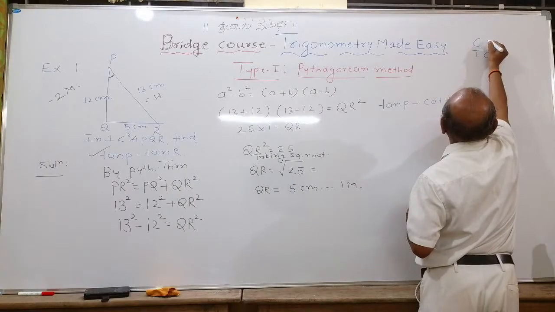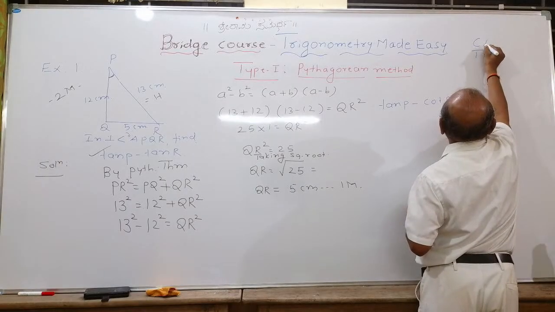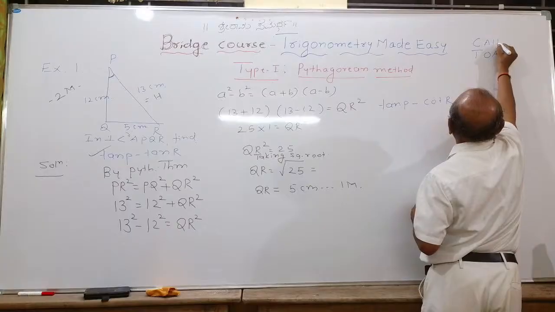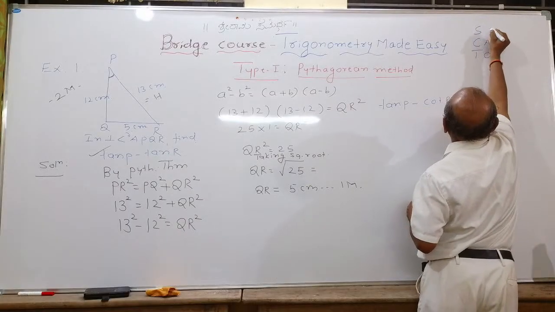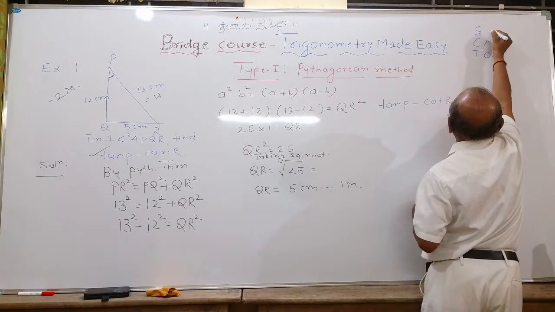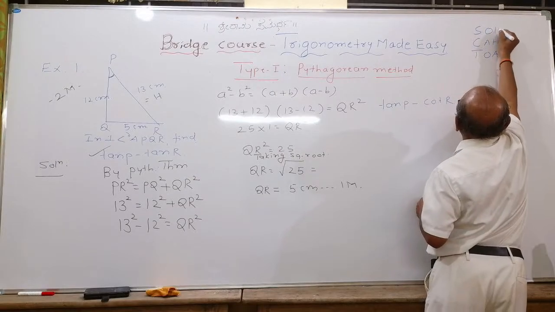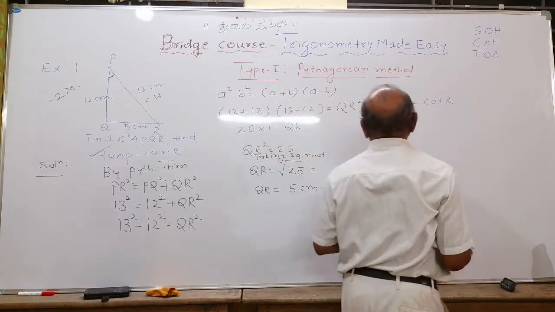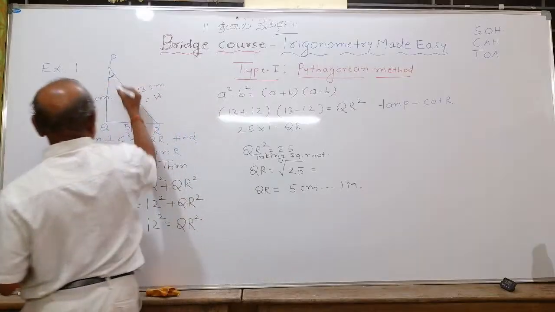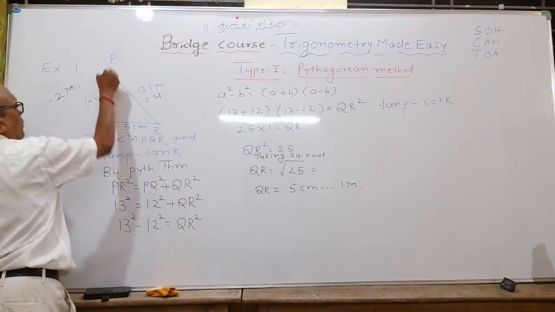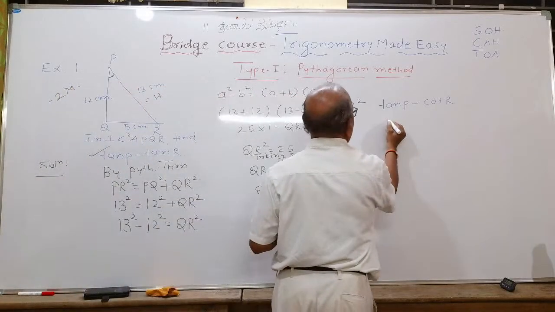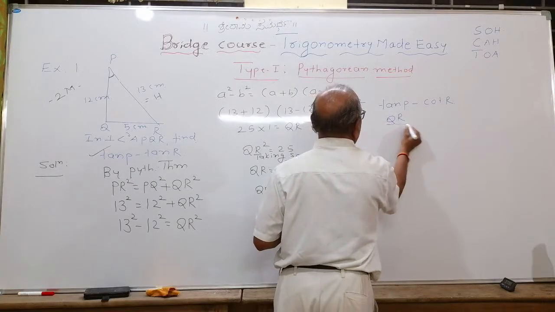Cos is adjacent upon hypotenuse. Sine is opposite upon hypotenuse. Recall again and again, by practice it will come. And with respect to P, what is the opposite side? Opposite side is QR upon PQ.